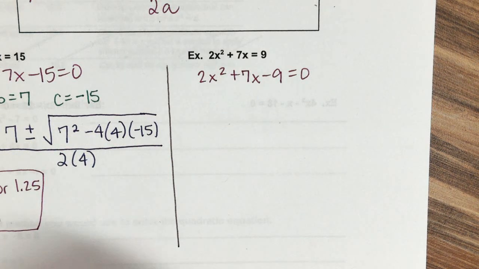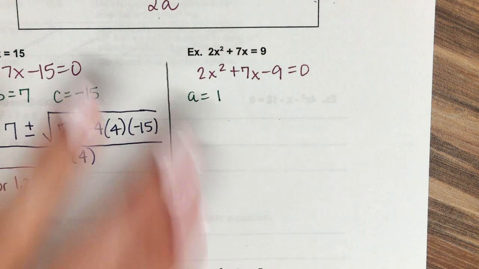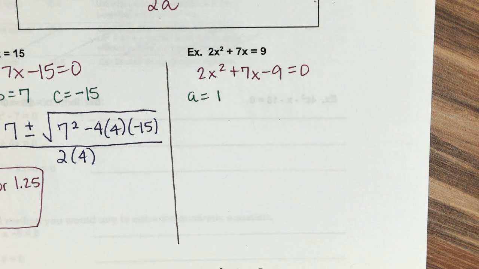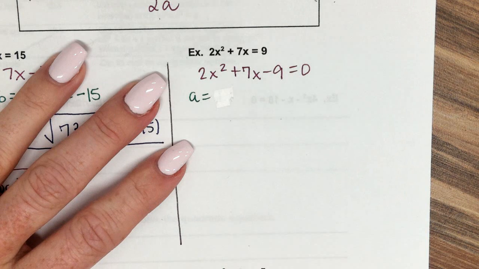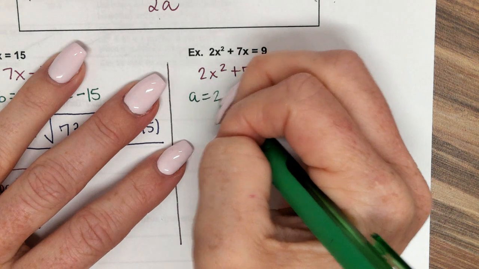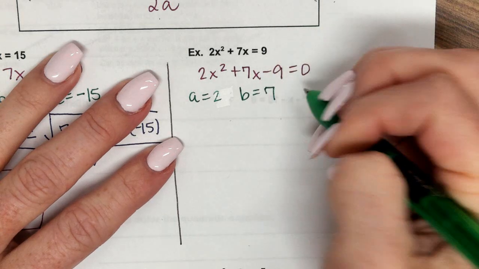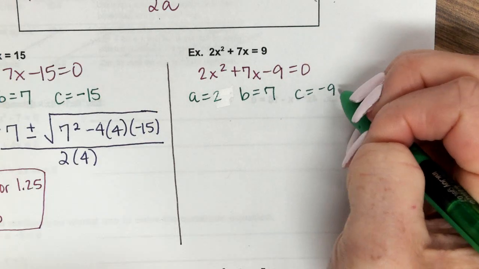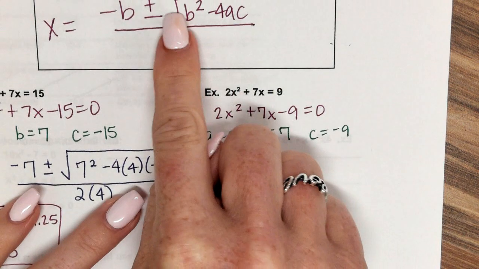I need to identify the A, the B, and the C. So what is A? 2. What is B? 7. What is C? All right, so we are going to plug these numbers into this formula.